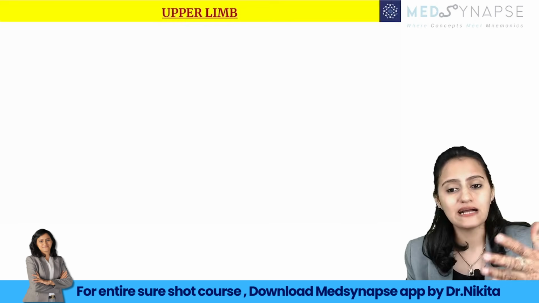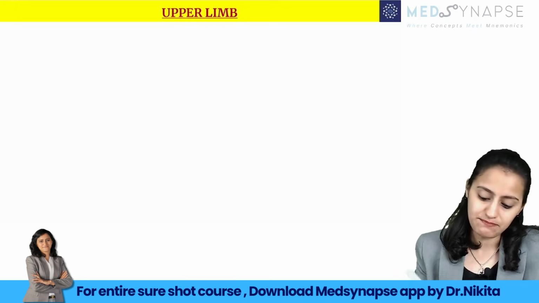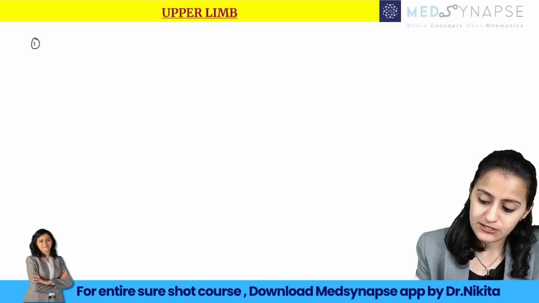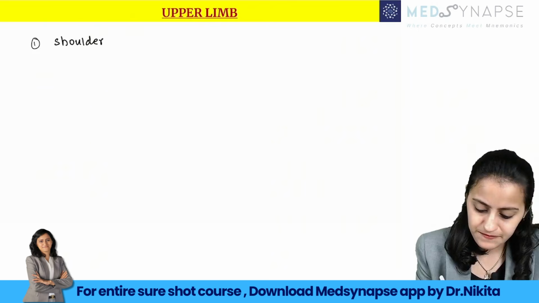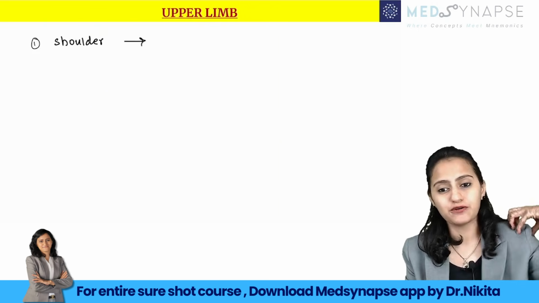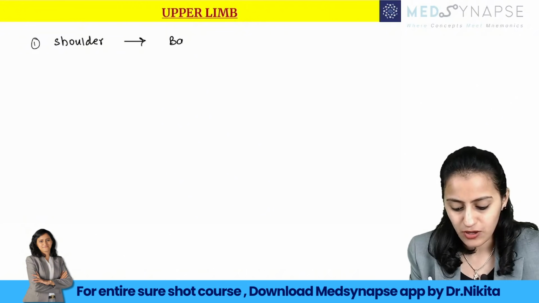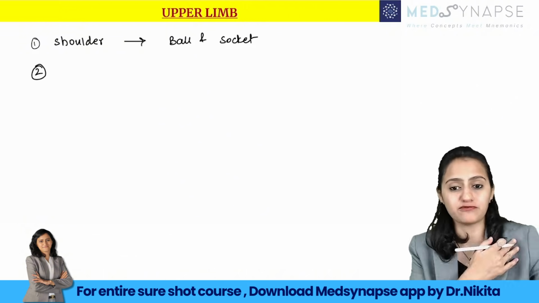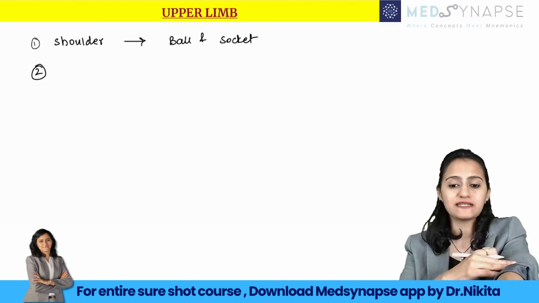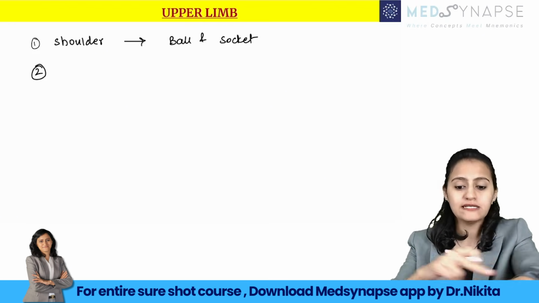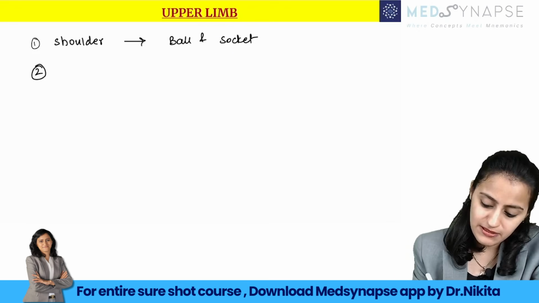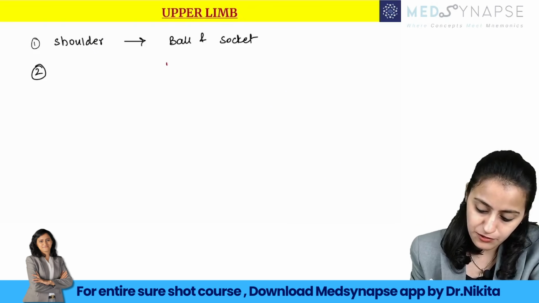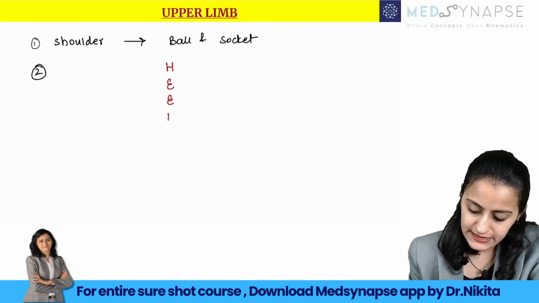Now coming to the upper limb, what joint is an example of what type? The first one is the shoulder joint. We know that the shoulder joint is a ball and socket type of joint. Coming to the next joints, going from the elbow till the interphalangeal joints, remember that the mnemonic here is a palindrome, H-E-E-H.